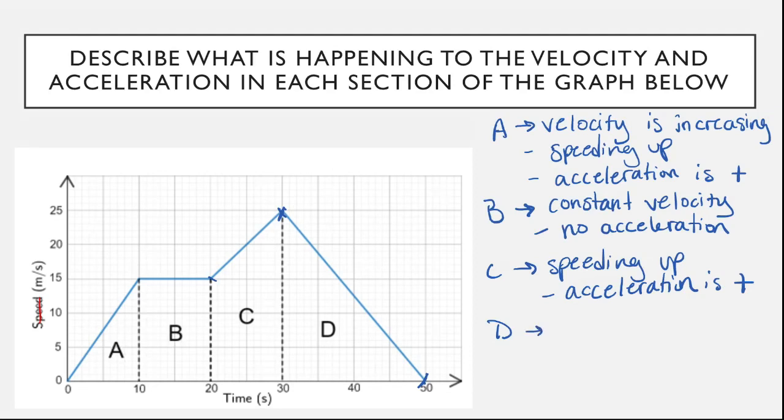So what's happening there? We are slowing down. Now, the thing is still going forward, right? So therefore, our acceleration must be working against it. So in this case, my acceleration must be negative. Okay, because it is slowing down, but it's still going forward.